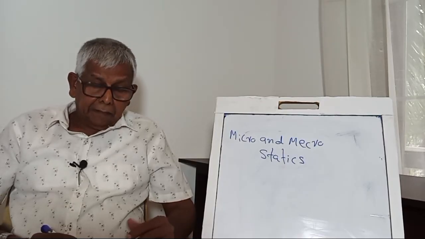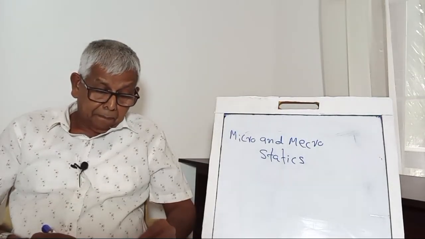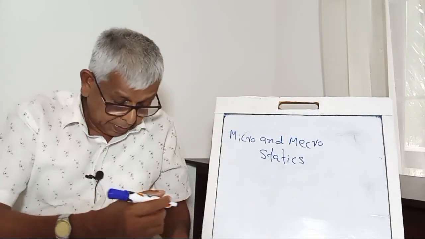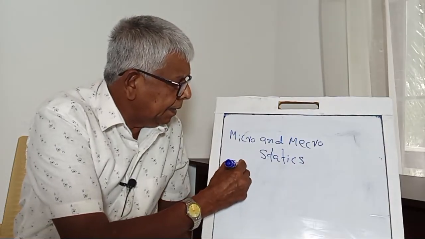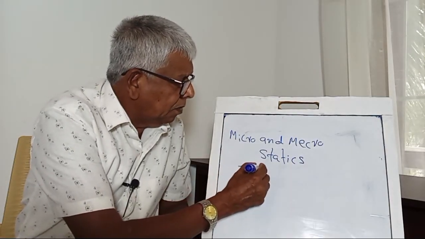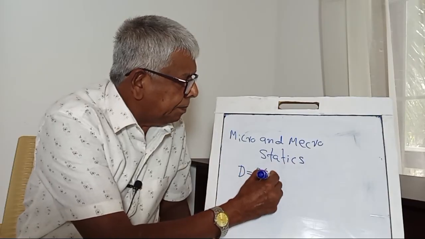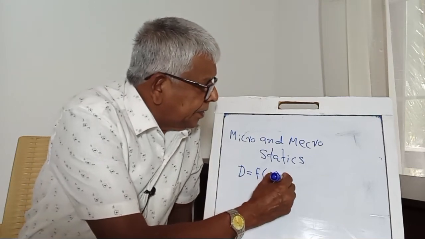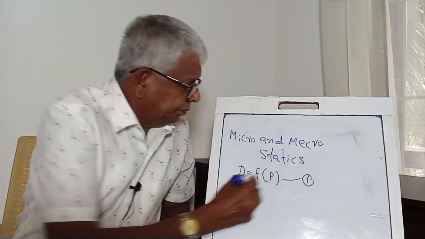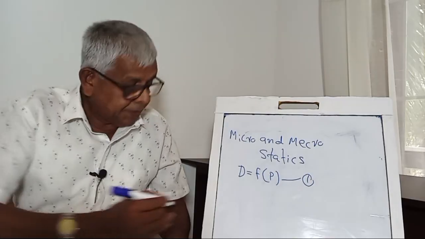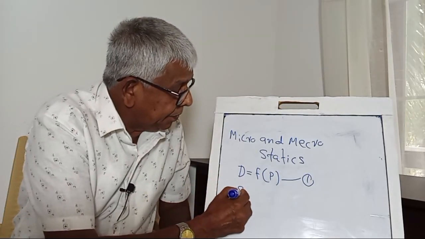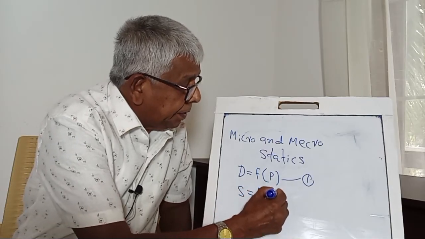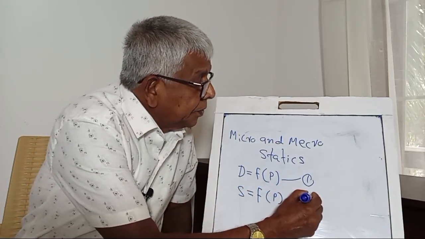The given demand and supply functions are: D equals function of P, it's equation 1; S equals function of P, it's equation 2.